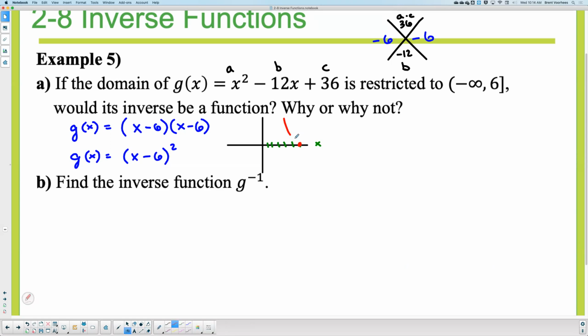The left parabola there. And you're not going to have the right side. So that right side is gone. If I did it, you can see that's where it would be, but it's been restricted. So this side, actually I'll do it like this. That is restricted out.